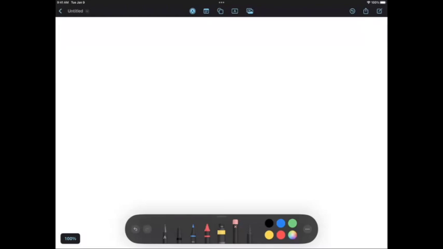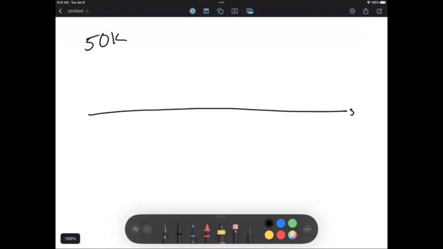So let's talk about how this works, because there's a couple important pieces that are super critical here. With a 50K account, that's your starting balance, and you have a $2,500 trailing threshold.